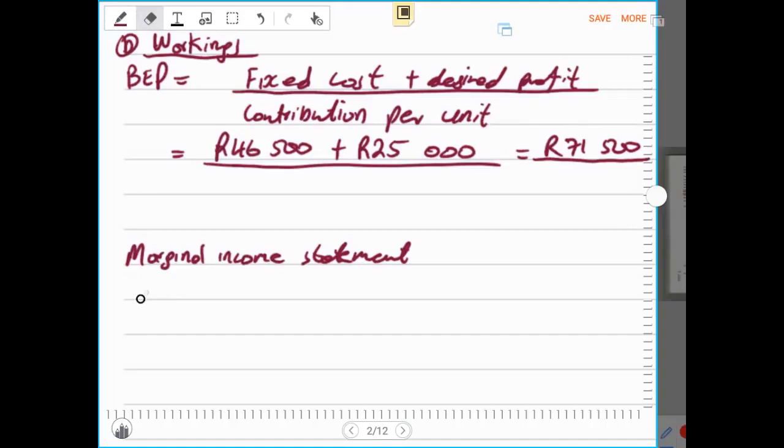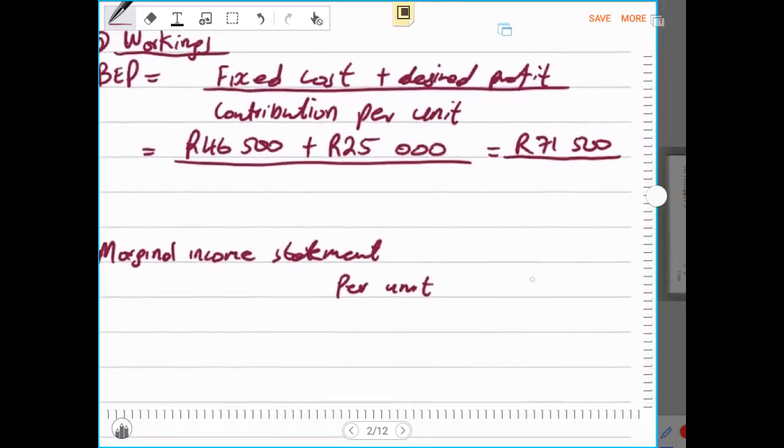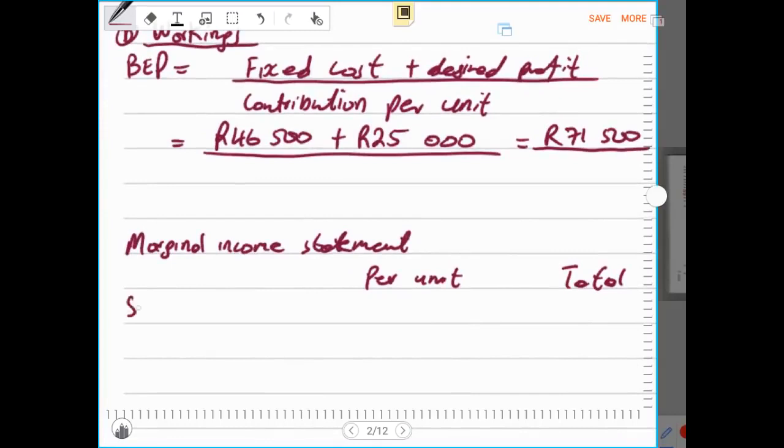Let us have per unit and the total. We have per unit, and we also need to account for the total. Then we start with our sales. Remember, marginal income statement is sales minus variable cost, not minus cost of sales, please. Minus variable cost.